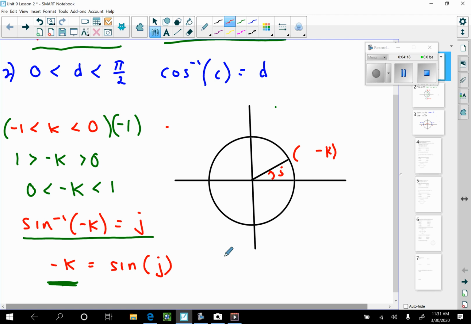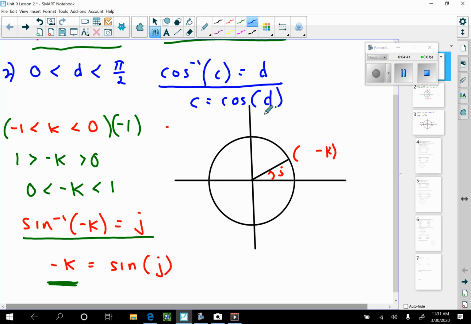Okay, so now this other number two is pretty easy. D is going to be between 0 and pi/2. D is going to be an angle. Why do I know that D is an angle? Because if I take this statement right here, that statement would certainly imply that C is equal to the cosine of D. So D is an angle.